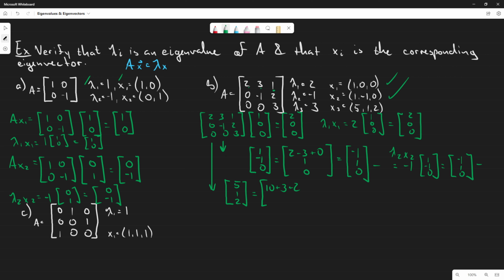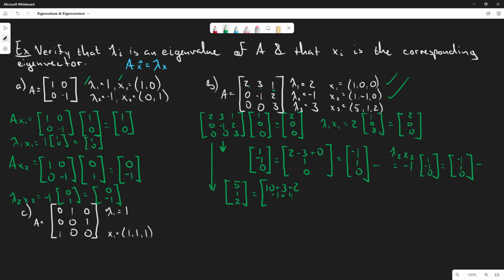The next entry is 5 times 0 is 0, 1 times -1 is -1, and 2 times 2 is 4, so plus 4.